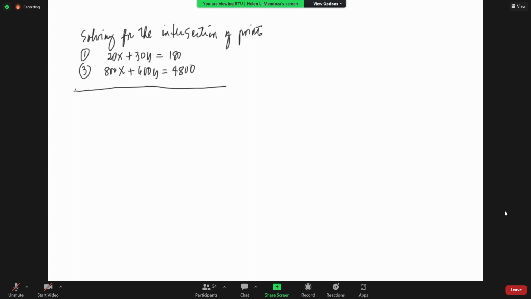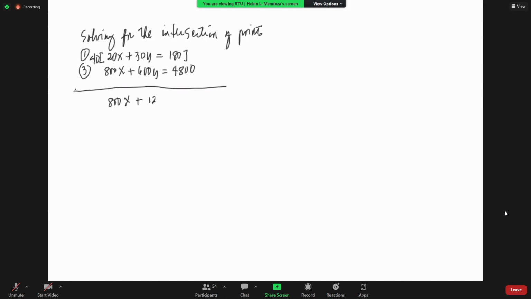So, i-divide mo yung 800 by 20. So, that is 800 divided by 20 is 40. Ibig sabihin, you multiply this by 40, then you are expected to come up with 800x plus.